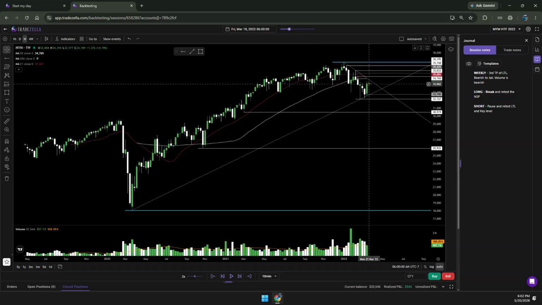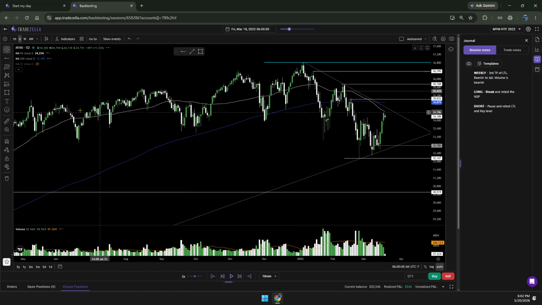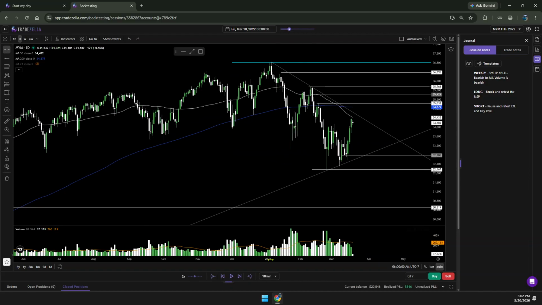So that can go either way. When it comes to the daily, you can see the consolidation that it's been in. But, like I said, I've gotten a couple trades here. I've been trading since right about here, and I've got 3 trades in all this.